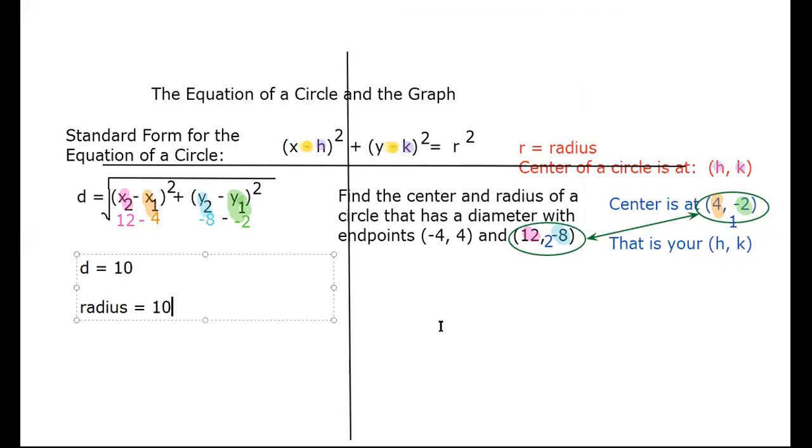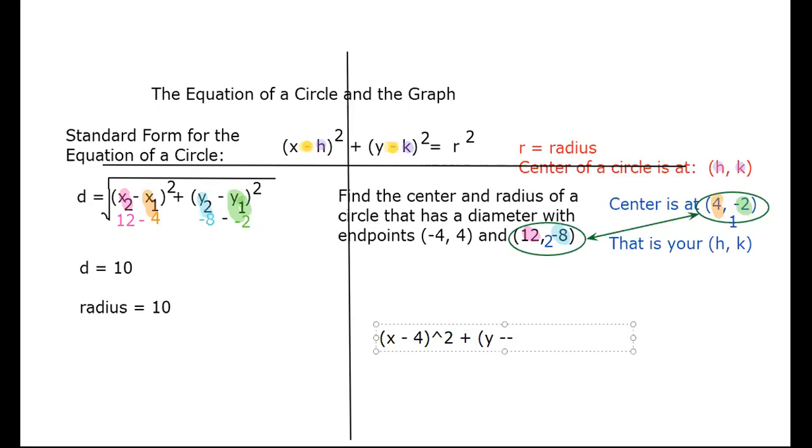Now let's finish writing this equation. So we've got x minus, what is our h? 4 quantity squared plus y minus, look, our k is negative.